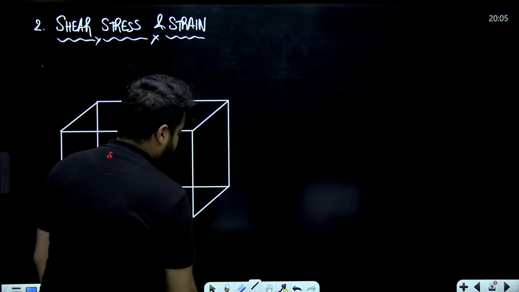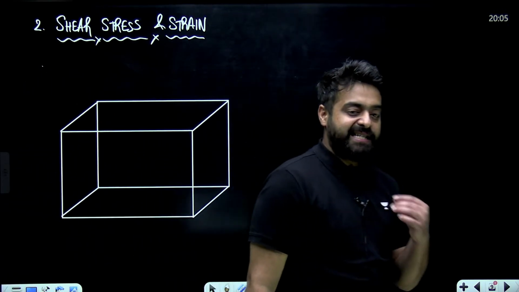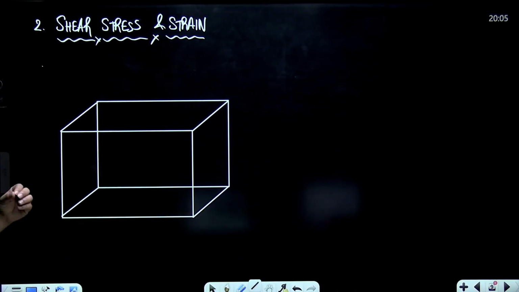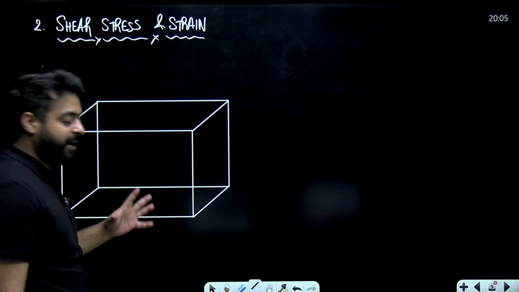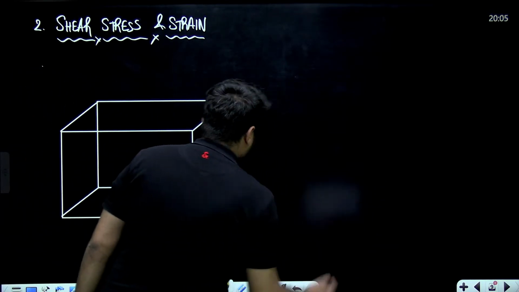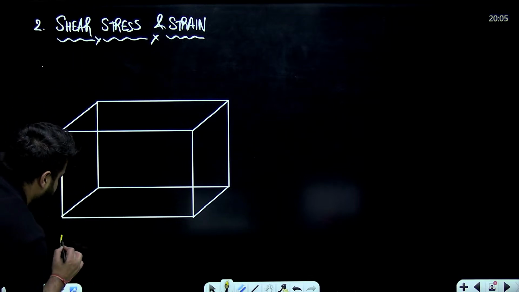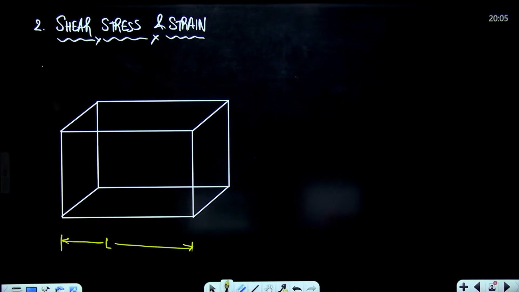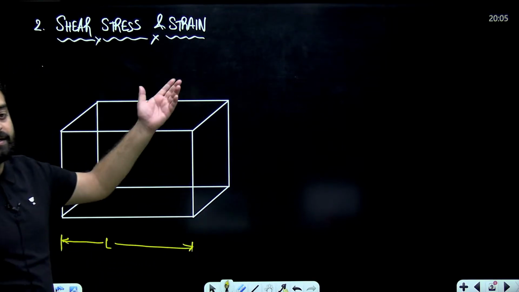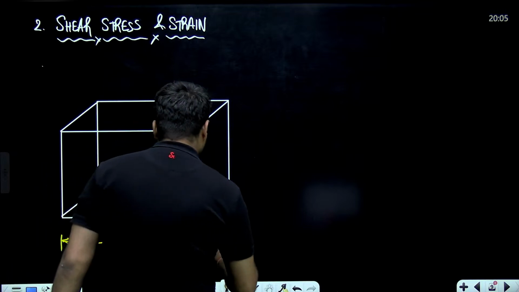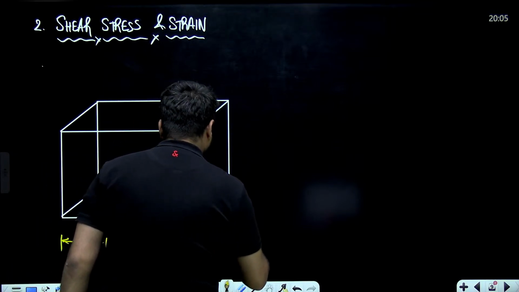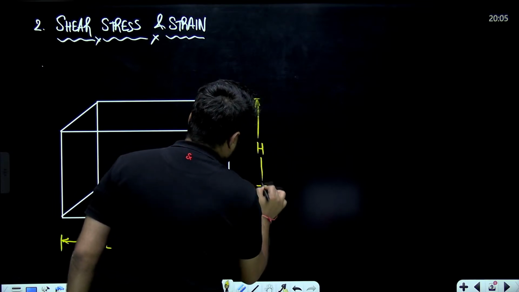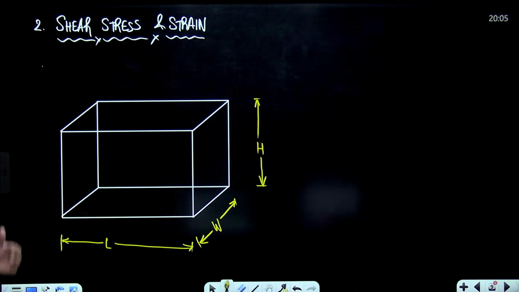Now understand this part. You need to understand each and every parameter clearly here, because if your dimensions also get disturbed, the whole concept gets disturbed. So let's suppose this rod or this body has this length as L. This is some width and there is some height, so this is the width W and there is a height H. What happened?